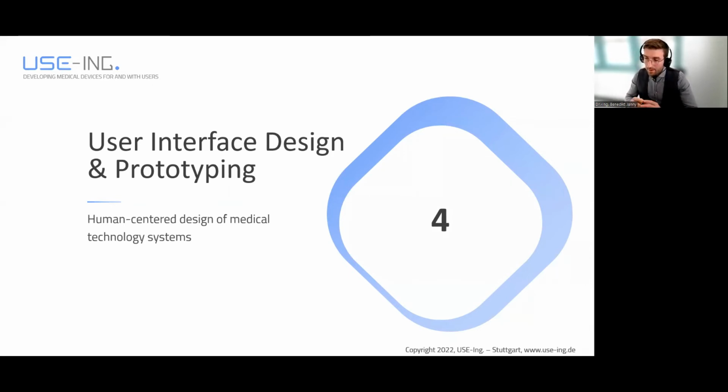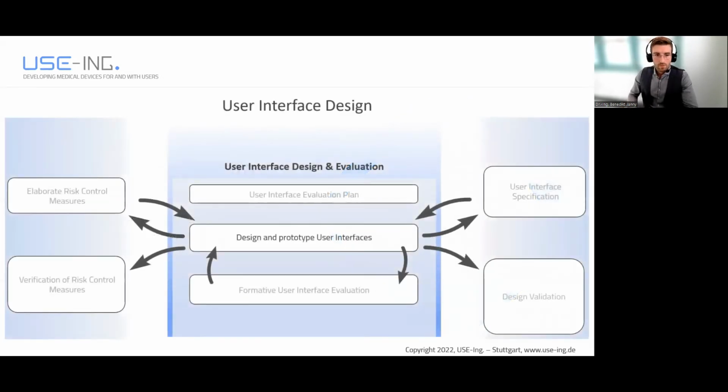So basically now we have under control what is needed within the use-related risk assessment sector. What else is needed for formative and summative usability evaluations? Prototypes. Prototypes are key for our evaluations. So we now approach the lower sector of the overview of steps that I was showing you in the beginning.